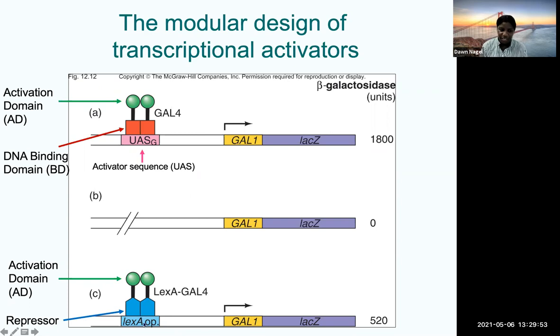So imagine that this is a repressor bound to the operator. You shouldn't have any beta-galactosidase being expressed, but you do. And the reason you do is because you're converting this repressor to an activator by just adding the activation domain. So you're really forcing the activation. And that's exactly what we do to understand whether a gene is being regulated by an activator or not, right?